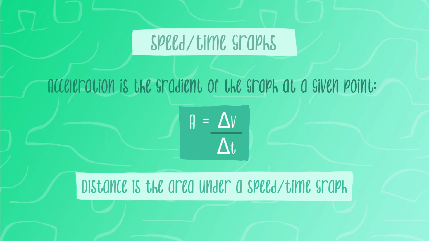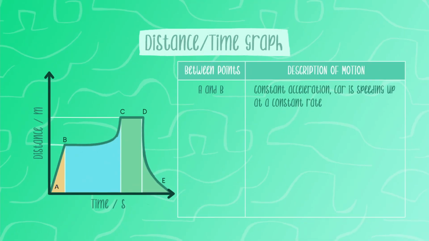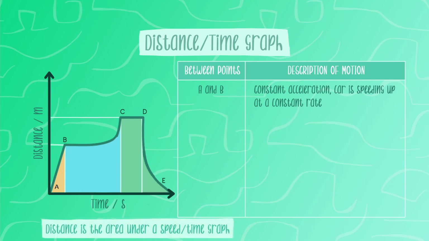Now, if you look at the graph in front of us, we have shaded it in 3 different colors, yellow, blue, and green. Now, to calculate distance from a speed time graph, although we don't have the values here, distance is the area under a speed time graph, which is the shaded area that we have in front of us. I have divided it into 3 different sections just to make it easier for all of us.